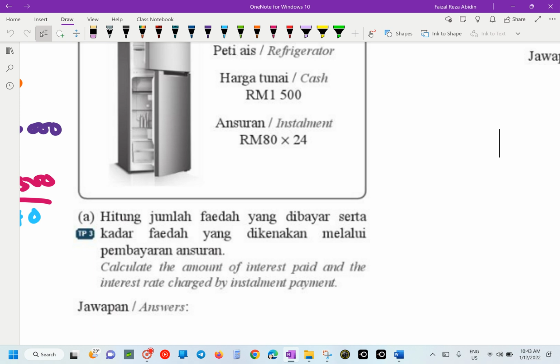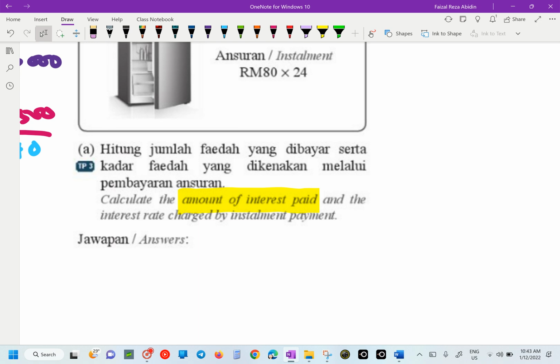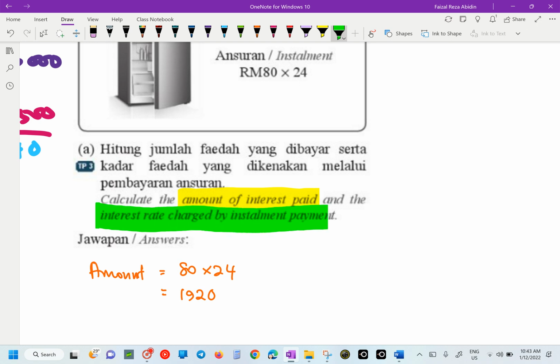First we find the amount paid, which means 80 times 24 months. Using your calculator, we get 1,920.